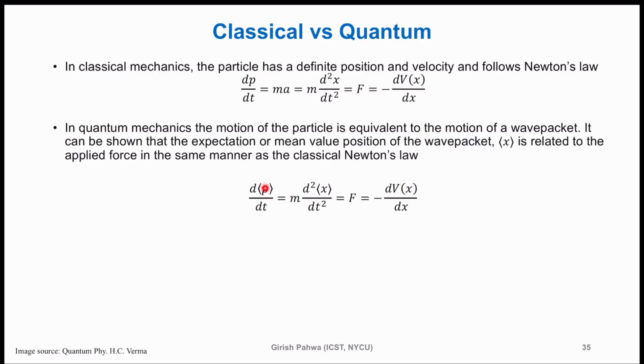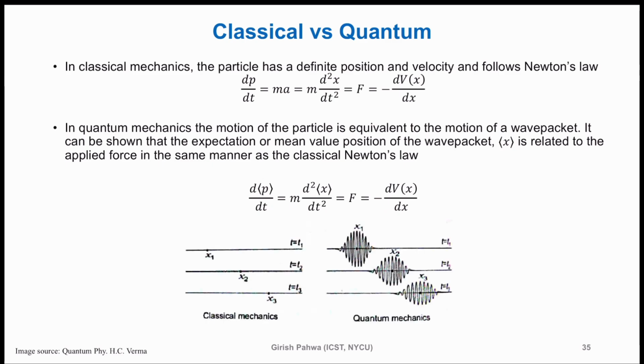So d of the expectation value of p by dt, which is m times d2 x by dt square of the expectation value, is equal to force. Force is, of course, not written as an expectation value because it's simply the gradient of the potential energy. Potential energy you already know, right? So this formula works in quantum mechanics. This picture simply shows you some correspondence.